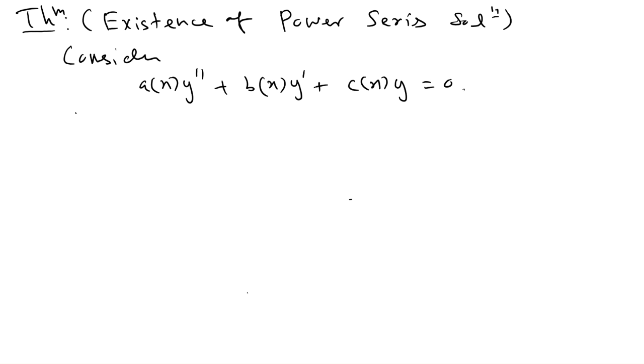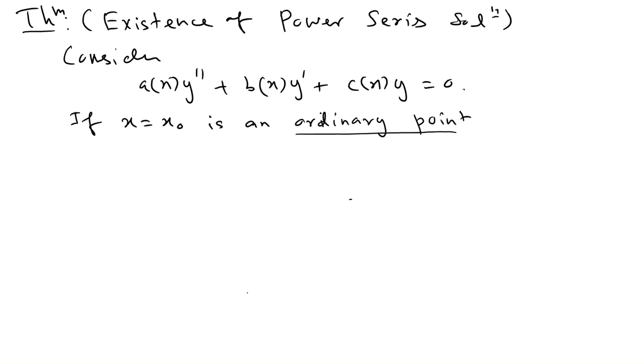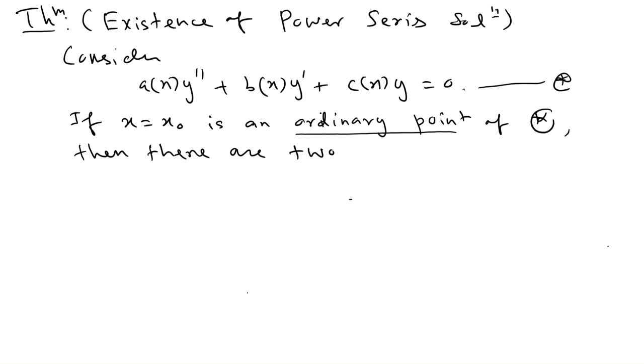What it says is that if x equals x naught is an ordinary point of star, then, because it's a second order equation, there are two linearly independent solutions. That's very important.